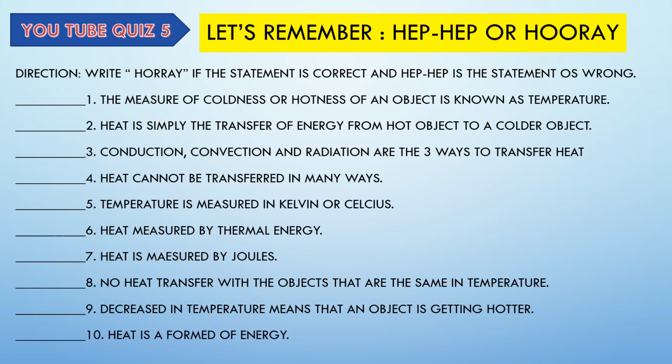And lastly, heat is a form of energy. Is it hep or hooray? So, I will give you time to answer, and then you have to write it in your notebook first, and then transfer it in our Google Form link to be sent in your respective GC.